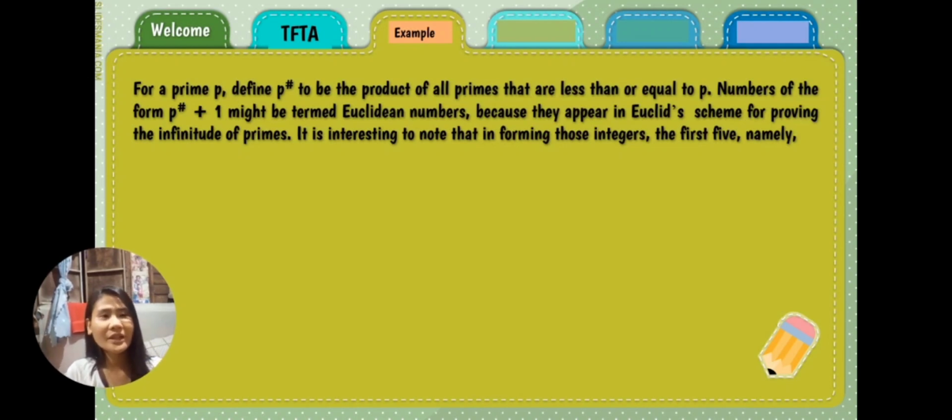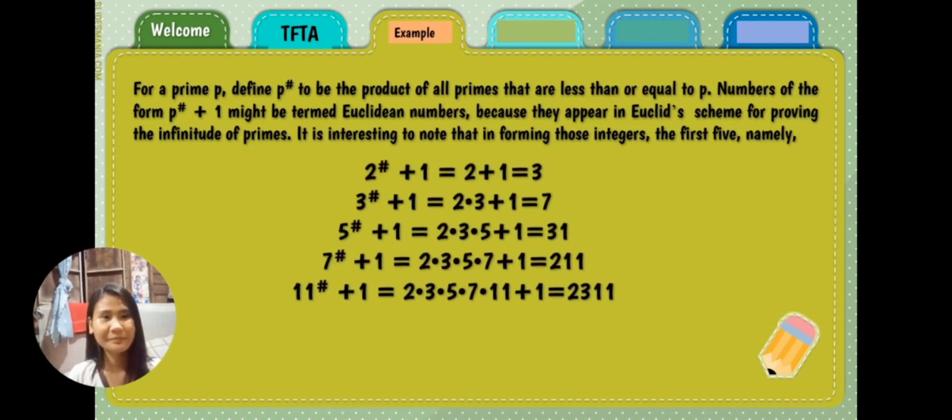Because they appear in Euclid's scheme for proving the infinitude of primes, it is interesting to note that in forming those integers, the first five are prime. Here are the first integers: 2# plus 1 equals 2 plus 1, which equals 3. 3# plus 1 equals 2 times 3 plus 1, which equals 7.